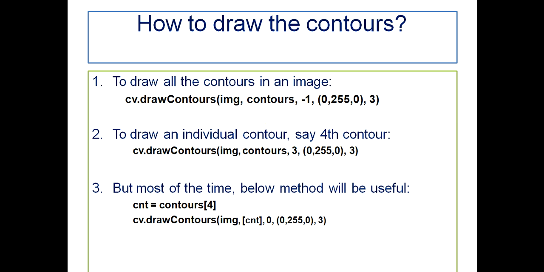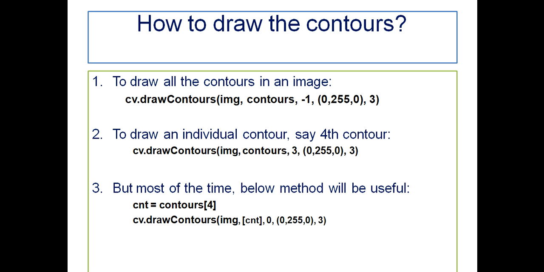Now to draw an individual contour, say the fourth contour, so 0, 1, 2, 3, the fourth contour. What we need to pass? cv.drawContours, image, contours. I am not passing -1 now, I am replacing it with 3, for the fourth contour.